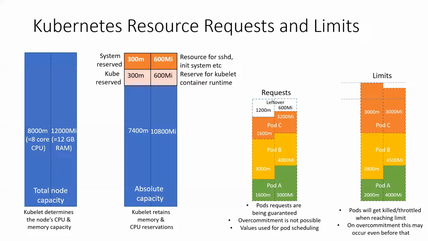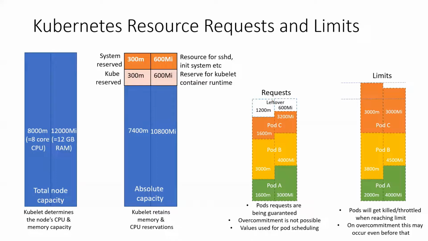Please note that aspect, because it is one key thing we may miss when calculating, and that may give us a lot of issues. We may end up with big issues when over-commitment happens, and pods get killed unnecessarily because no proper planning was done.